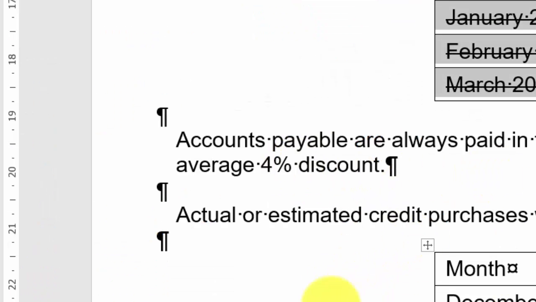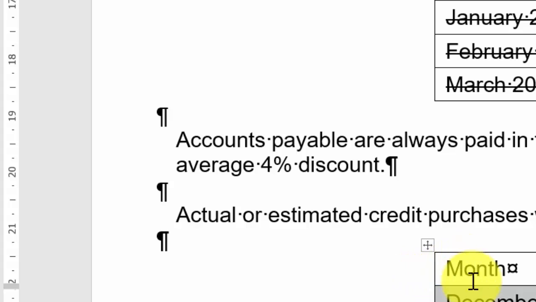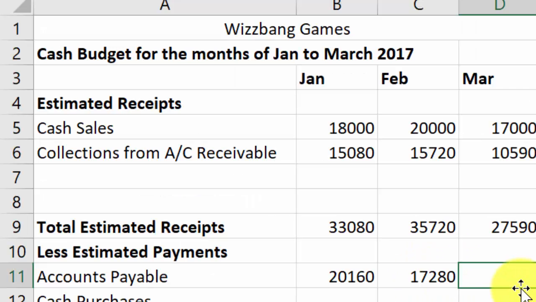Okay, and I've just done this one. So January gets paid in February, which is equal to 18,000 multiplied by 0.96, and that was 17,000 equals 17,000 multiplied by 0.96.